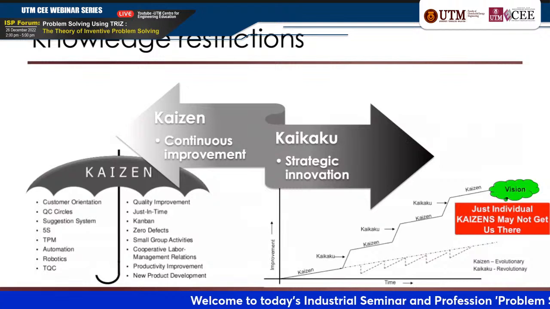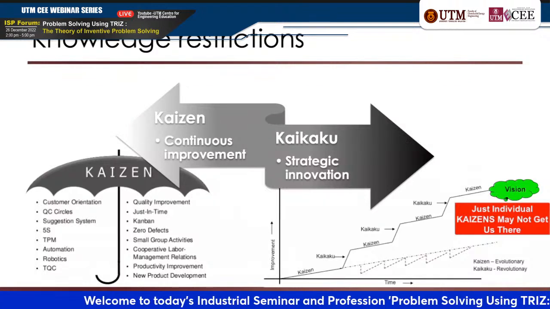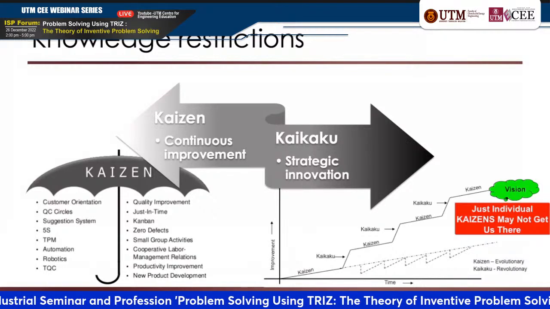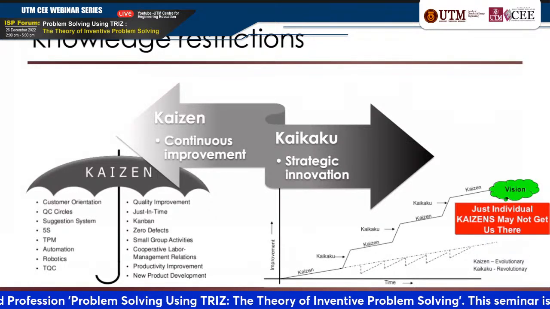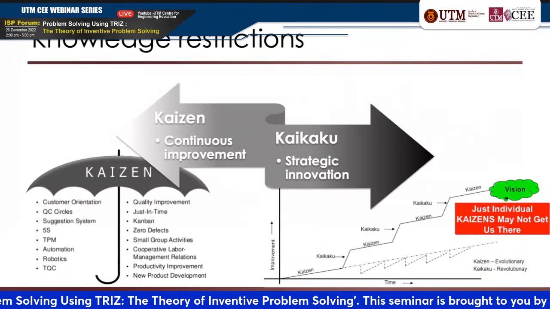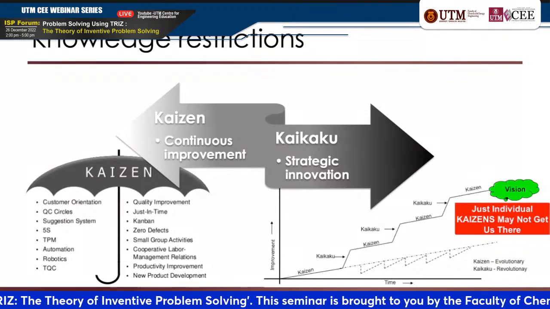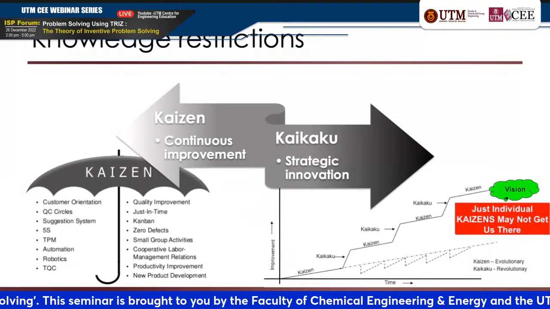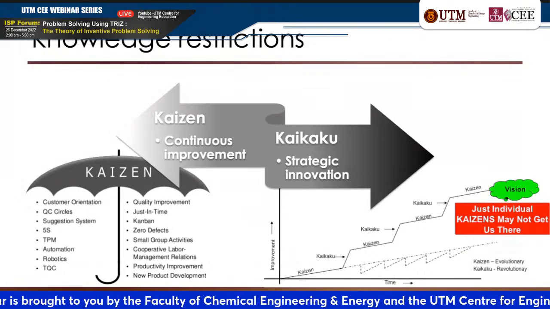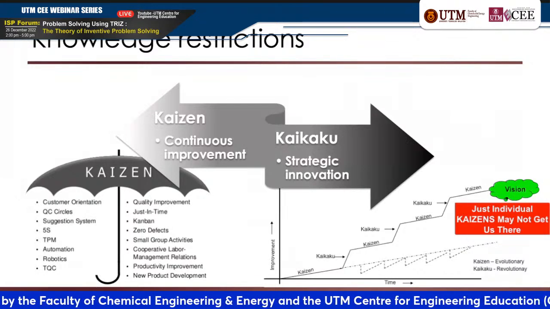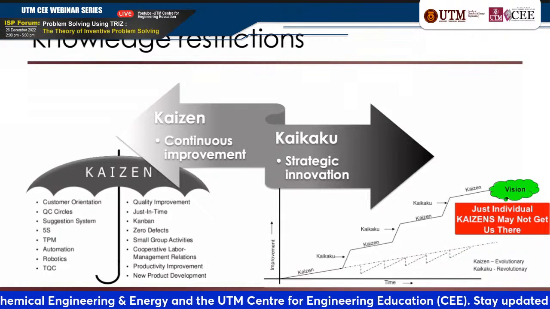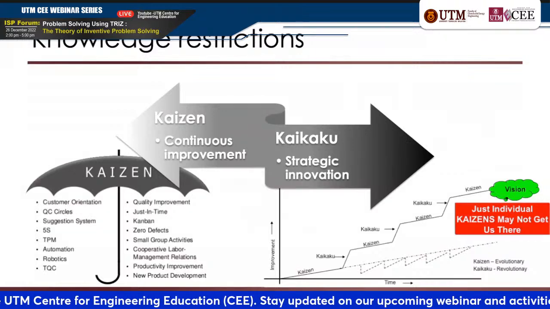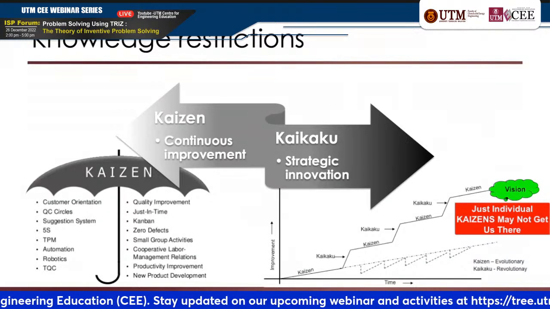There are a lot of tools under Kaizen, such as 5S, QCC tool, Kanban, just in time, quality improvement, and so on and so forth. Most of the tools under Kaizen are focused on improving the efficiency of processes and trying to increase productivity. You can try to Google and find out more about Kaizen.